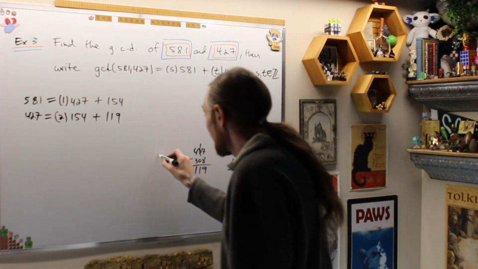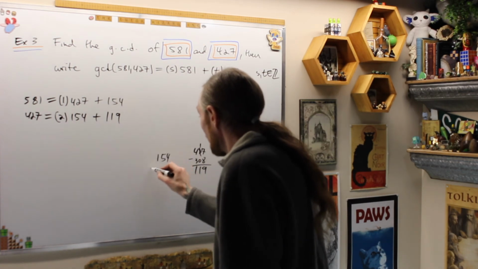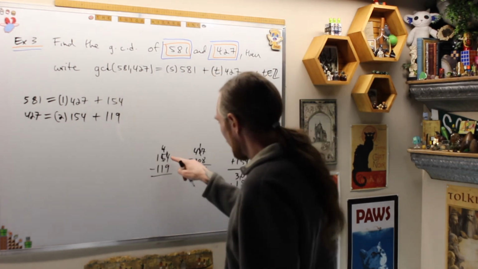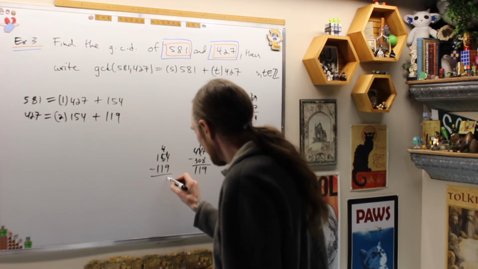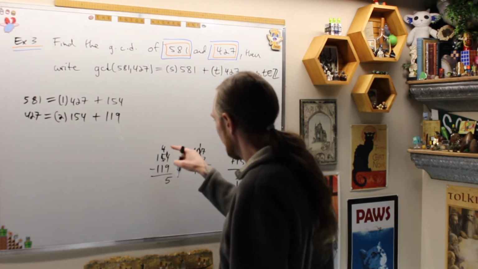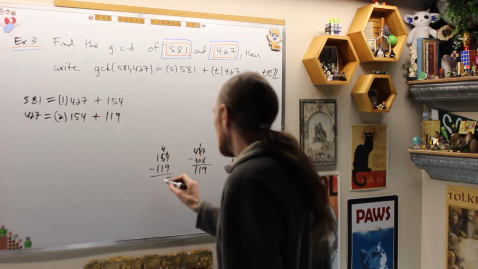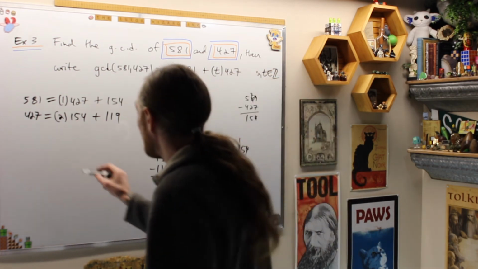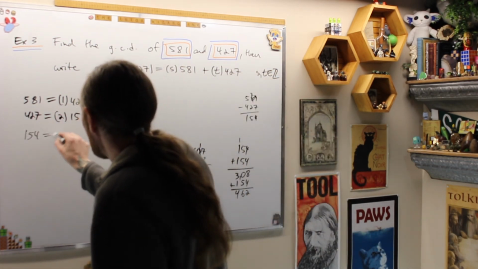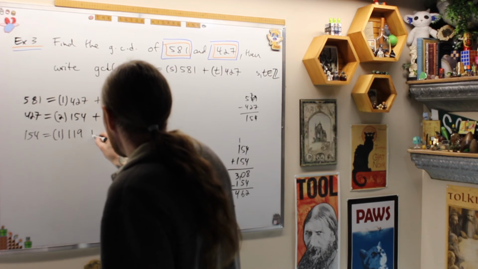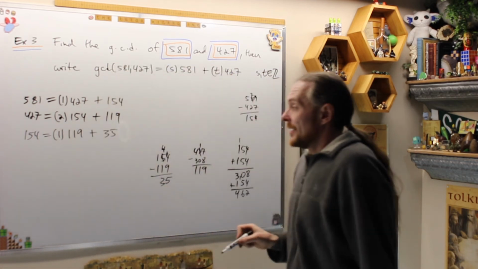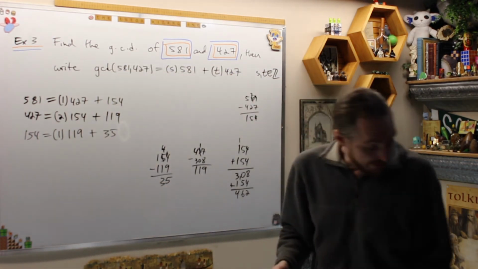Now I can subtract again. 154 minus 119 should be 35, so we should get 154 is equal to one group of 119 plus 35.